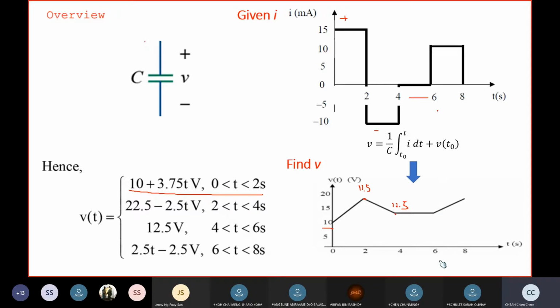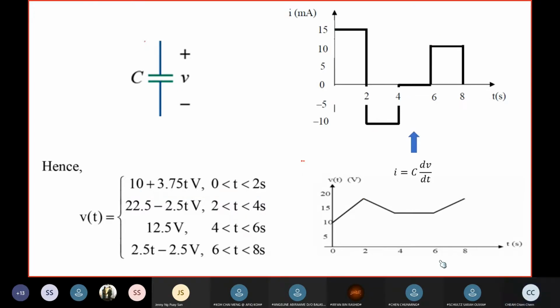Given current, find voltage. Now, you may want to go back and try the reverse. Given voltage, just for exercise, find current. This means that you differentiate. Differentiate this: change in voltage over change in time, or you can differentiate all these equations.